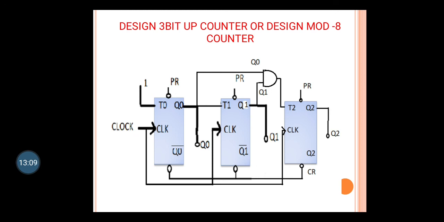For T1 equal to Q0, connect Q0 to T1. And in the equation you got T2 is equal to Q0 and Q1. So an AND gate is there, Q0 is connected and Q1 is connected to the AND gate inputs, and the output of the AND gate is connected to T2. And this is the overall logic diagram of your 3-bit synchronous up counter.